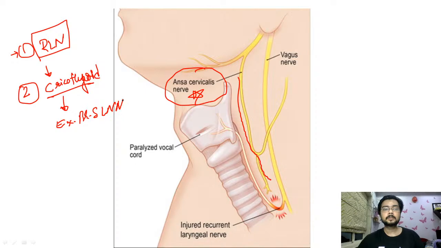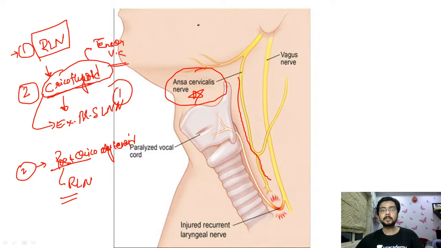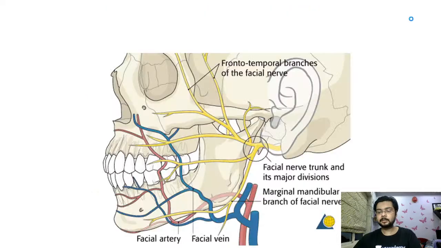Another rule: all the muscles are adductors, and the only abductor is the posterior cricoarytenoid, which is supplied by the recurrent laryngeal nerve. Okay, and what is the function of the cricothyroid, supplied by the external branch of the superior laryngeal nerve? It is the tensor of the vocal cord. Tensor of the vocal cord.